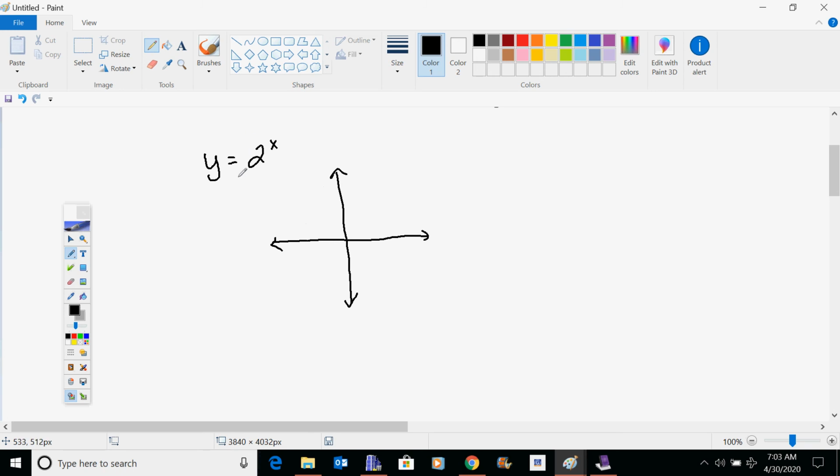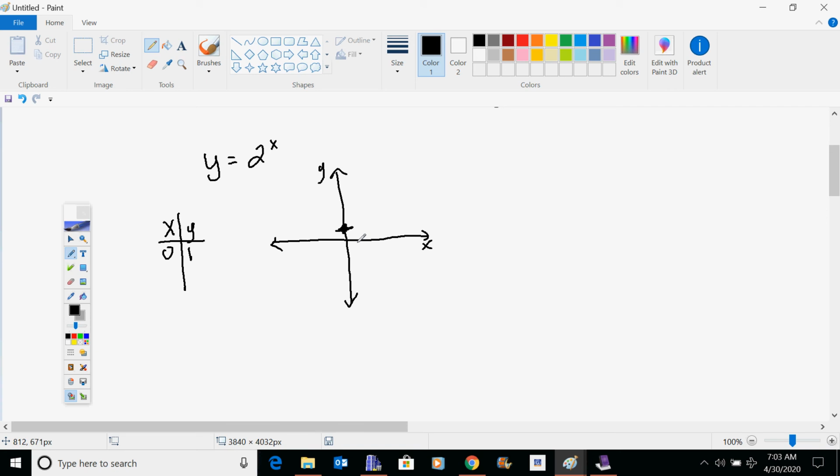So here there's really nothing out front, so that makes your y-intercept 1. Once again, you can always plug in a 0 for x to find your y-intercept, just like you did way back in Algebra 1. So there's one.